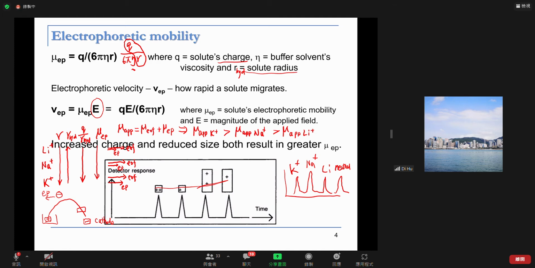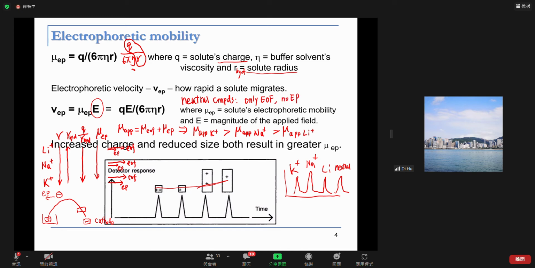So for the neutral compounds, it's very important: they only have EOF, no EP.